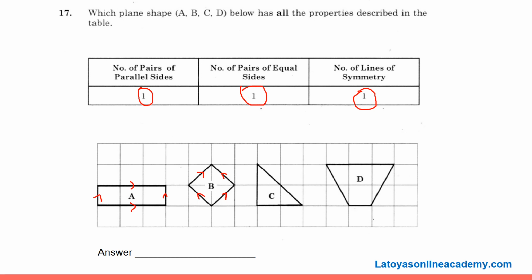These two sides are parallel, and we have one pair of equal sides. Yes, the length of this side is equal to the length of this side. And in terms of lines of symmetry, we have one line of symmetry here. So shape D is definitely our answer.